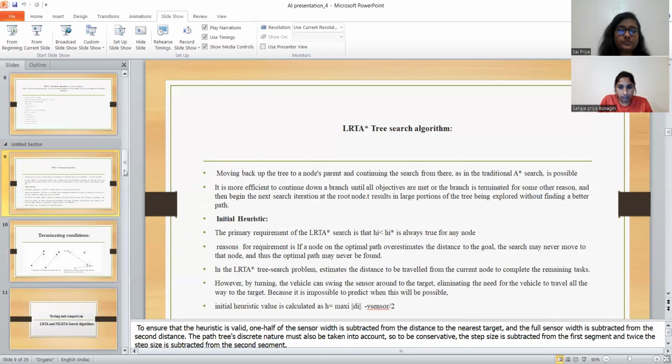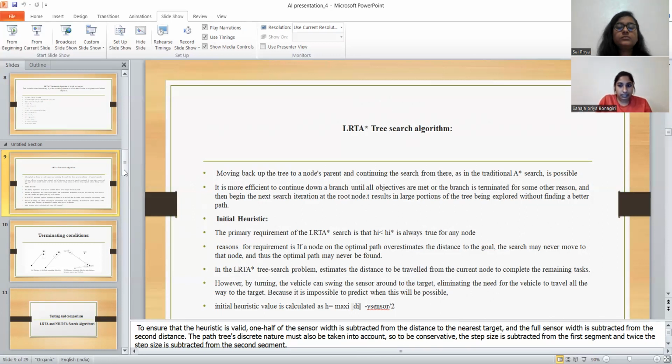LRTA-star search requires that H is always admissible for each node. The rationale for this criterion is straightforward. If a node on the optimum path overestimates the distance to the objective, the search may never reach that node and hence never locate it.